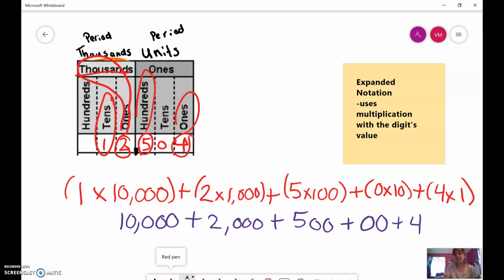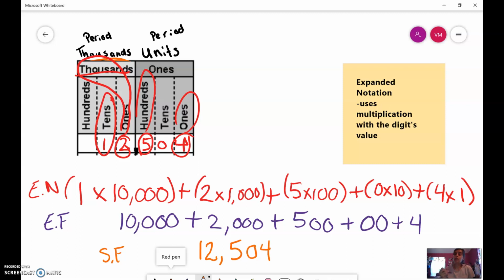And that is the expanded form. So I'm going to put expanded notation. And then if I go back to the orange, I'm going to put standard form. Standard form just uses the digits, which is the sum of 10,000 plus 2,000 plus 500 plus 4, so 12,504. And that's the standard form.